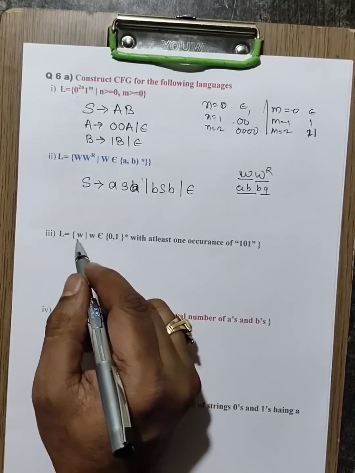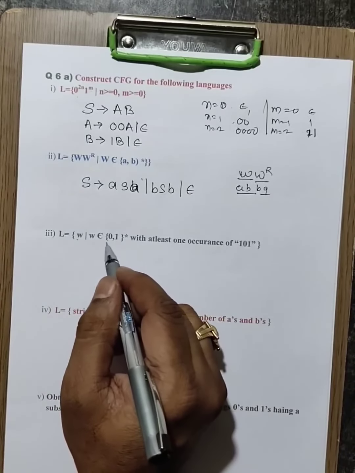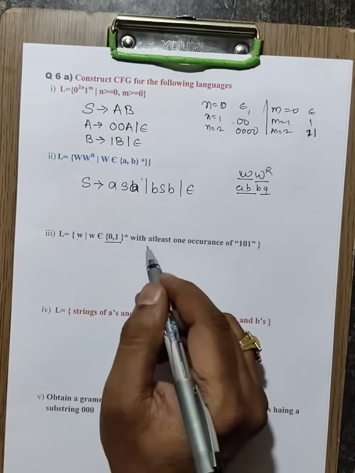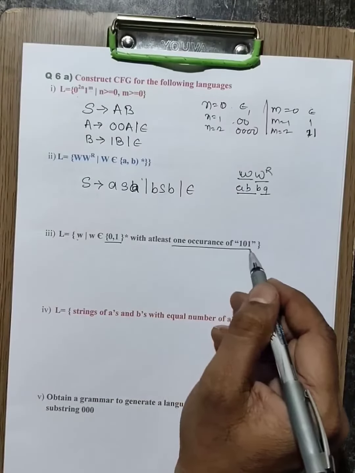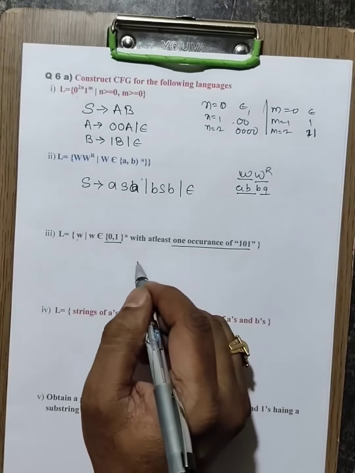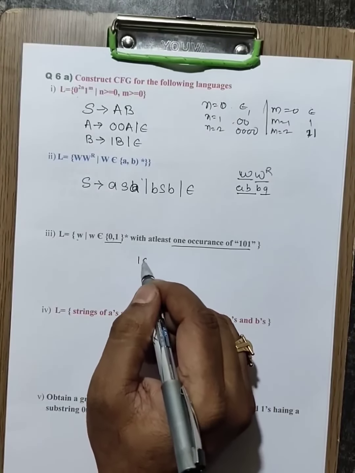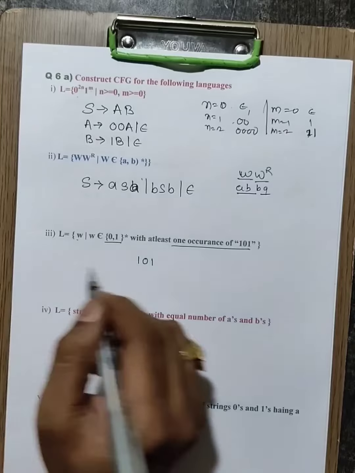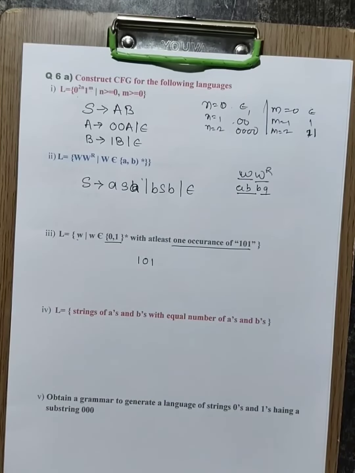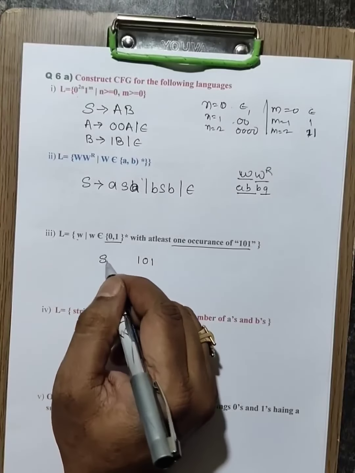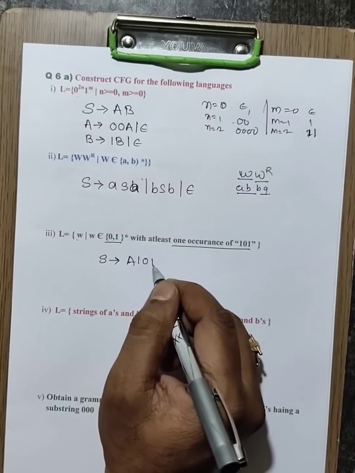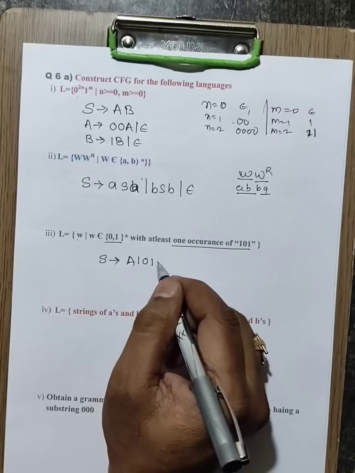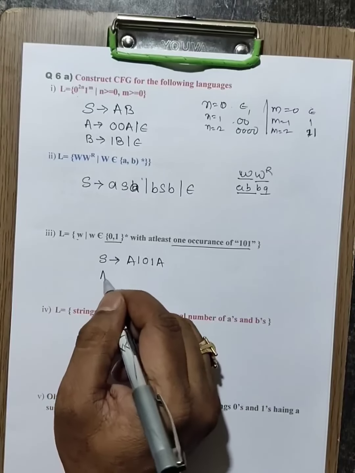Next, W is a string generated from 0 and 1, with at least one occurrence of 1 0 1. At least once, 1 0 1 must appear, and you can take it anywhere in the string. S produces A 1 0 1 A. What is A?